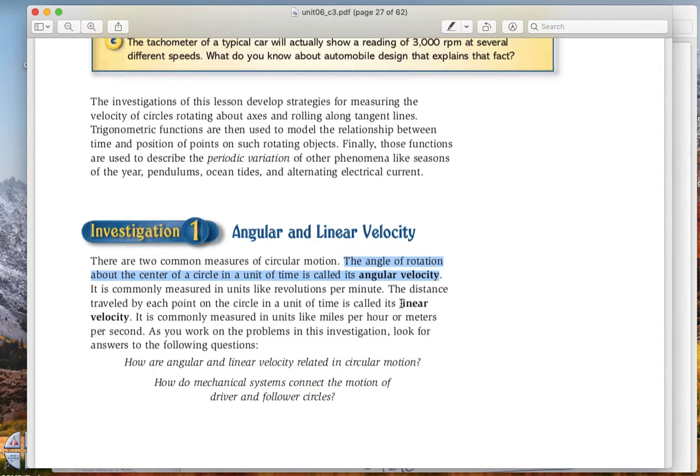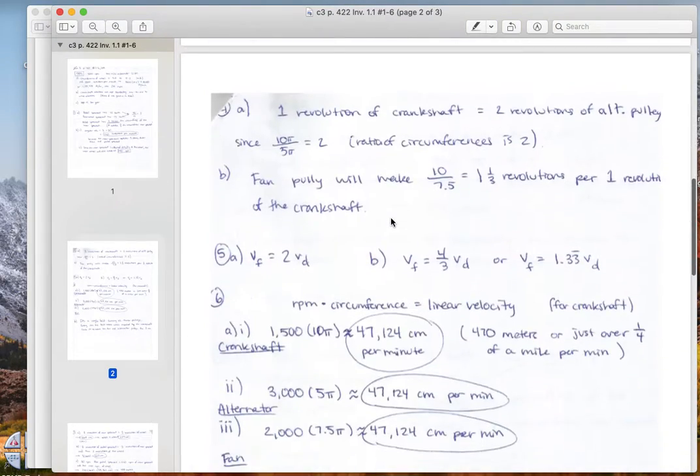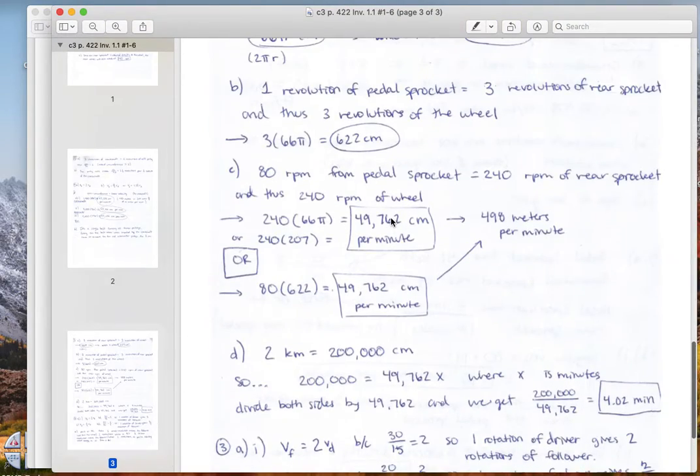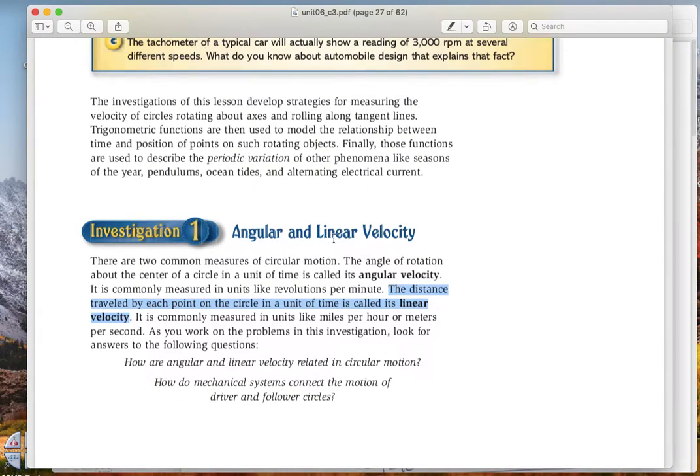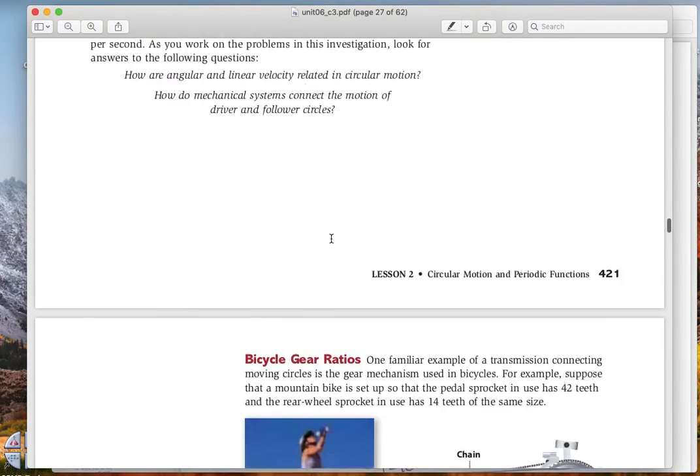Now, the other type of velocity we'll be talking about is linear velocity, and that is the distance traveled by a point on a circle. So imagine, I don't know if I have a picture of a circle here, but anyways, oh, we got the bike here.